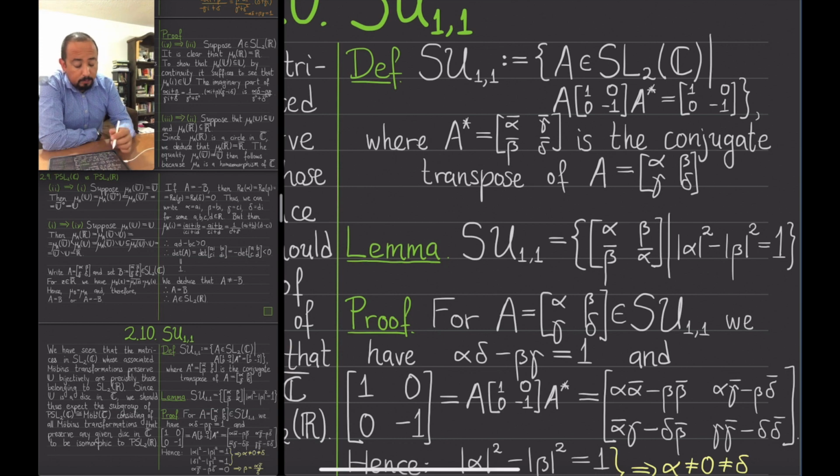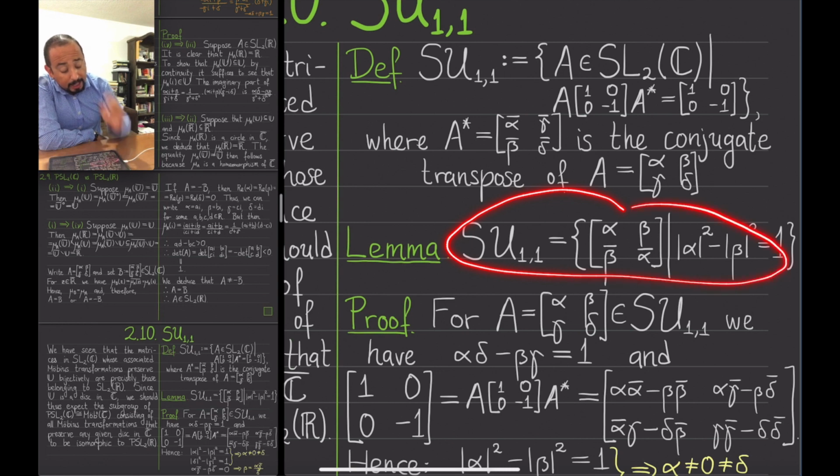And what one can say is that, well, of course, it still has determinant 1, but the second row can be obtained from the first row by switching and conjugating, right? So that's the characterization, right?